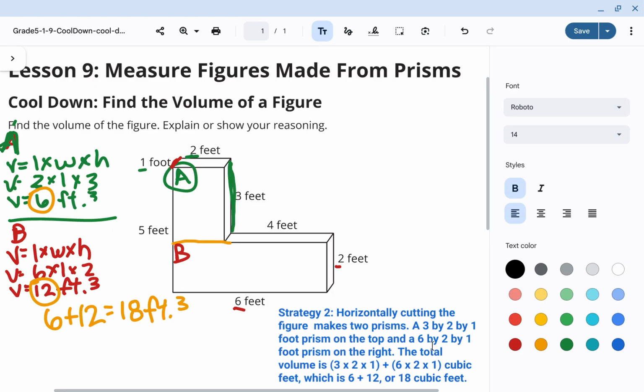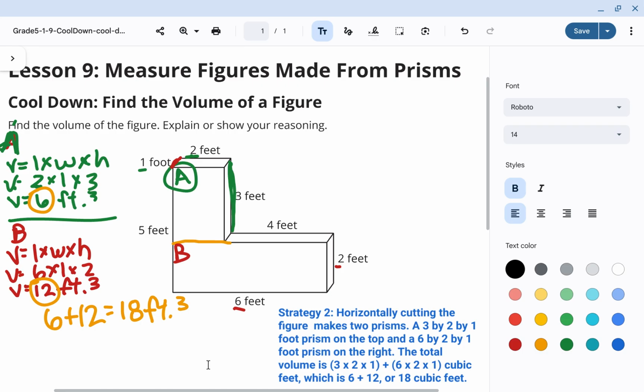So once again, let me show what a final answer might look like if you use this strategy of horizontally dividing up this object. This answer says, horizontally cutting the figure makes two prisms, a 3 by 2 by 1 foot prism on the top, and a 6 by 2 by 1 foot prism on the bottom or on the right.